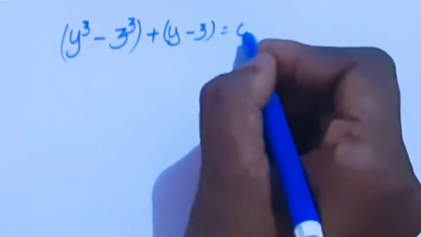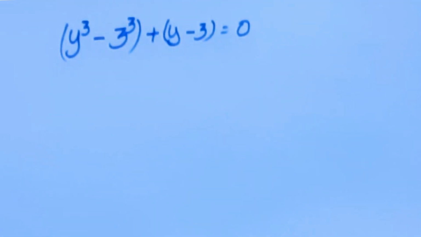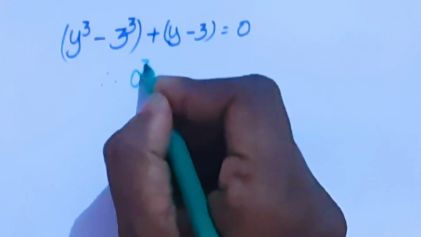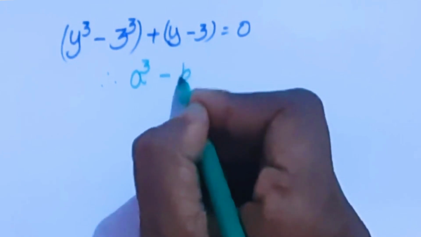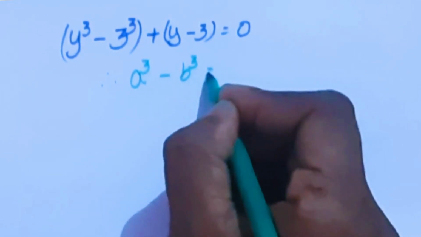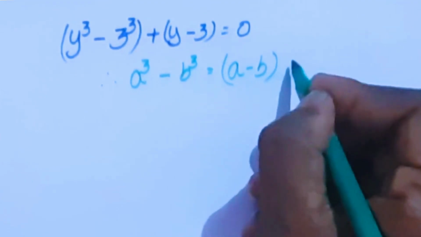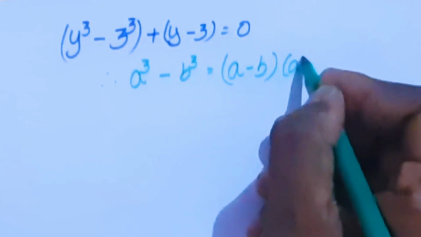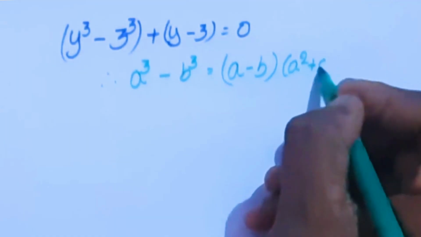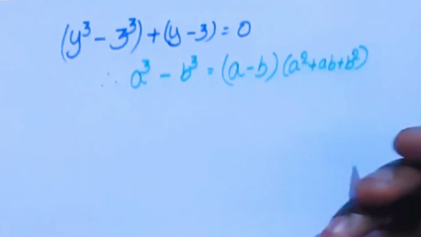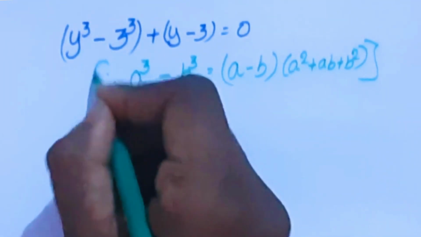equal to 0. Now we are going to apply this algebra formula that a power 3 minus b power 3 equal to (a minus b) times (a square plus ab plus b square). This we are going to apply here.